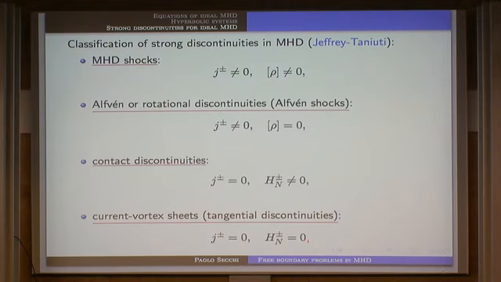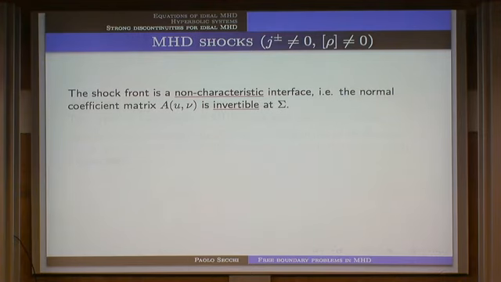So there are 4 cases: J different from 0, with a jump or no jump in density, and J equal to 0, with Hn nonzero or zero. This is the classification, 4 kinds. Okay, for shocks.